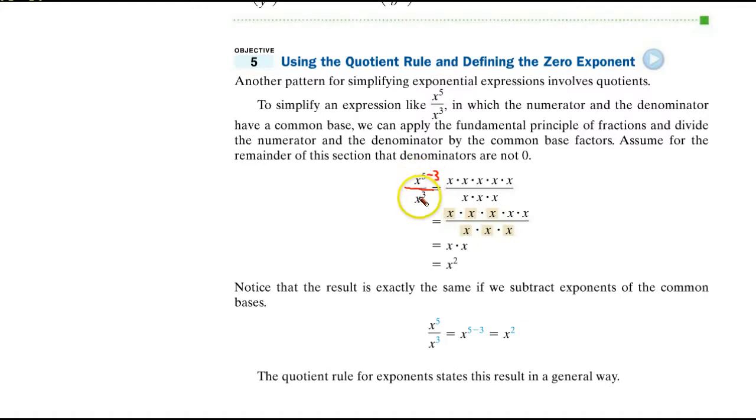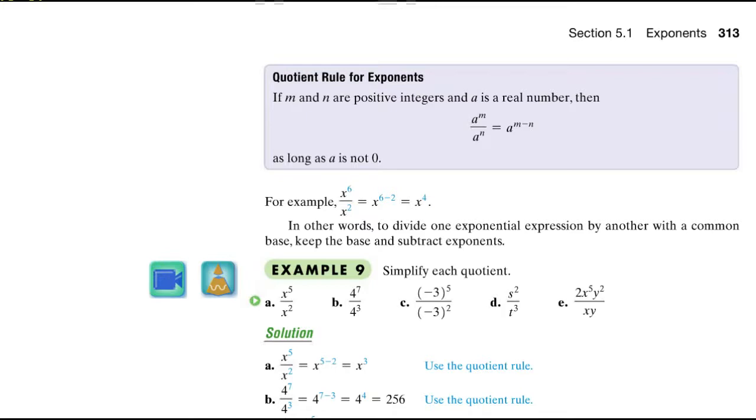Where it was positive there, here it's negative. 5 minus 3, that's what gives you x to the second. And that's what they're showing you here. Okay? So if multiplication is adding, I think you can see that division must be subtracting, which is what they're showing.